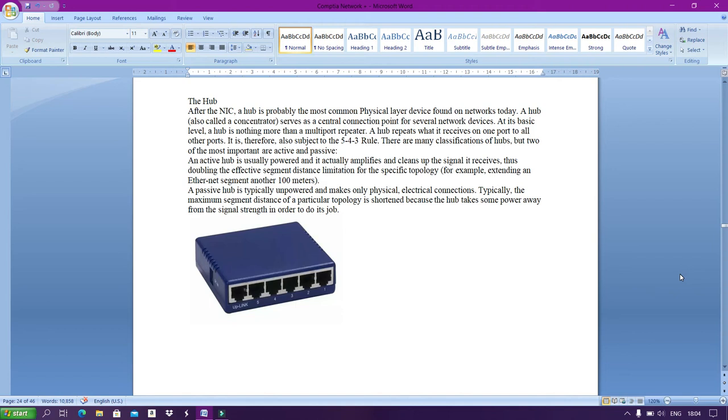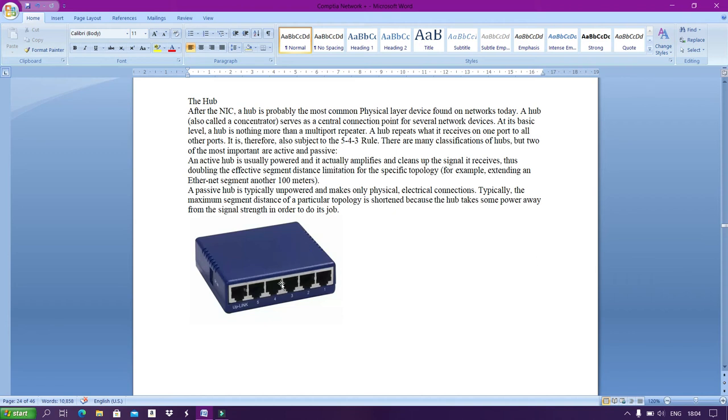For example, extending an Ethernet segment around 100 meters. A passive hub is typically unpowered and makes only physical electrical connections. Typically, the maximum segment distance of a particular topology is shortened because the hub takes some power away from the signal strength in order to do its job.